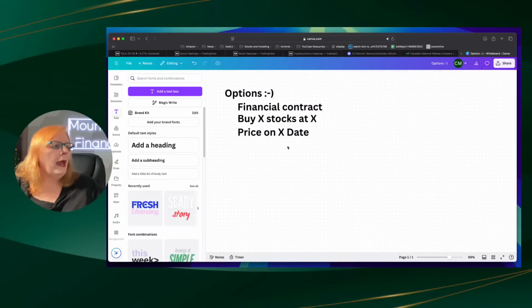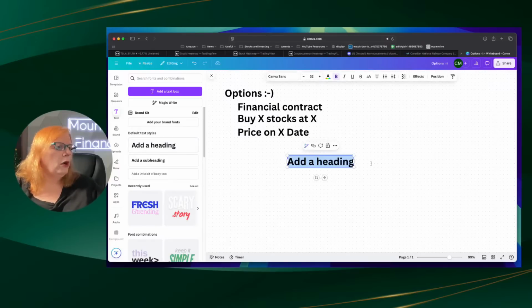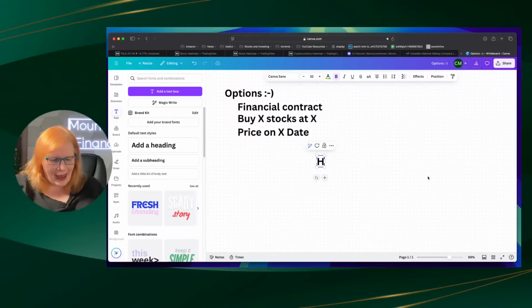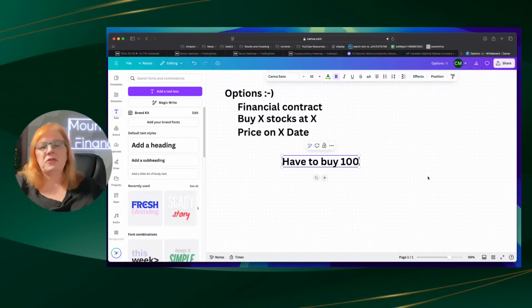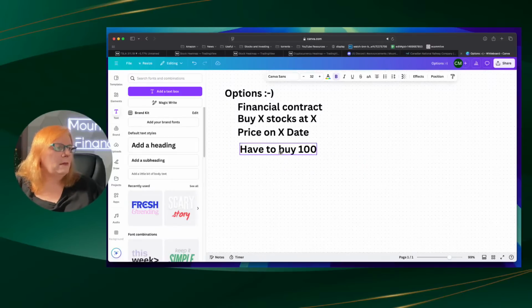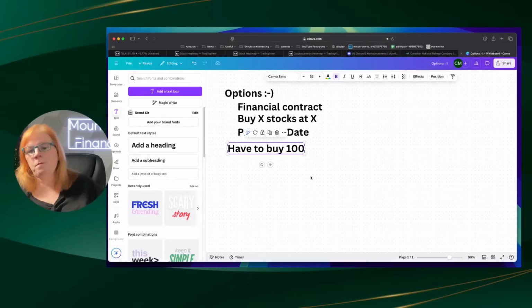Now I will point out that when you are dealing with options, they come in units of 100. So if you want to buy some options on, let's say, a stock that's $20, well, you have to buy 100 of them.